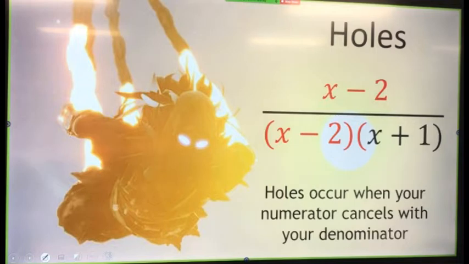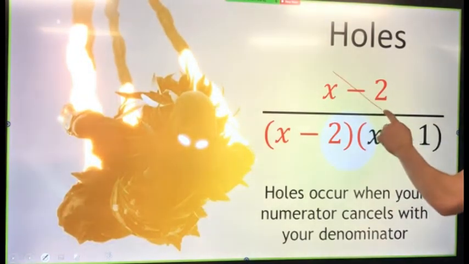It works like this. I have x minus 2 over x minus 2 times x plus 1. You can simplify this, can't you? What crosses out? The x minus 2's, right?